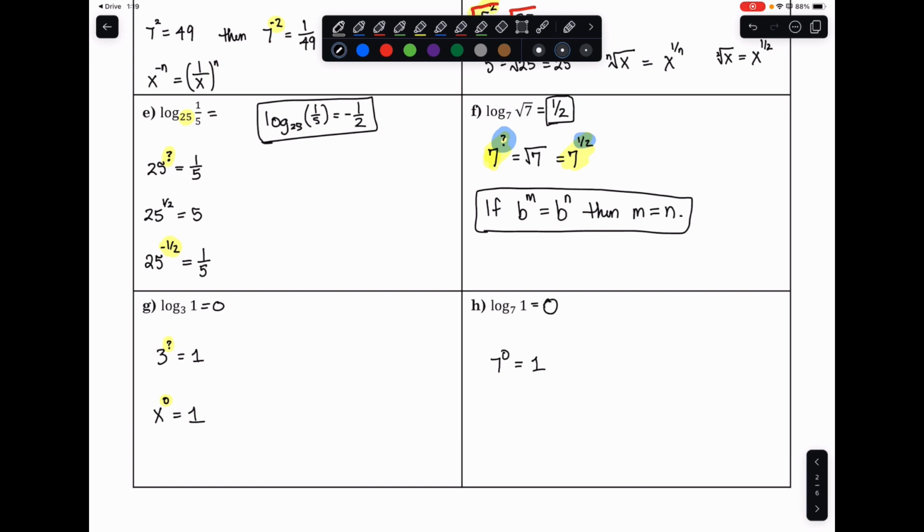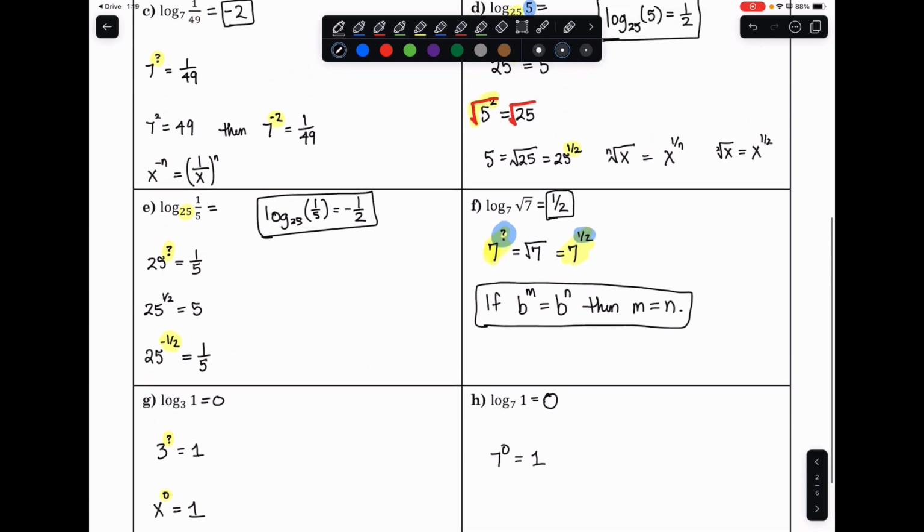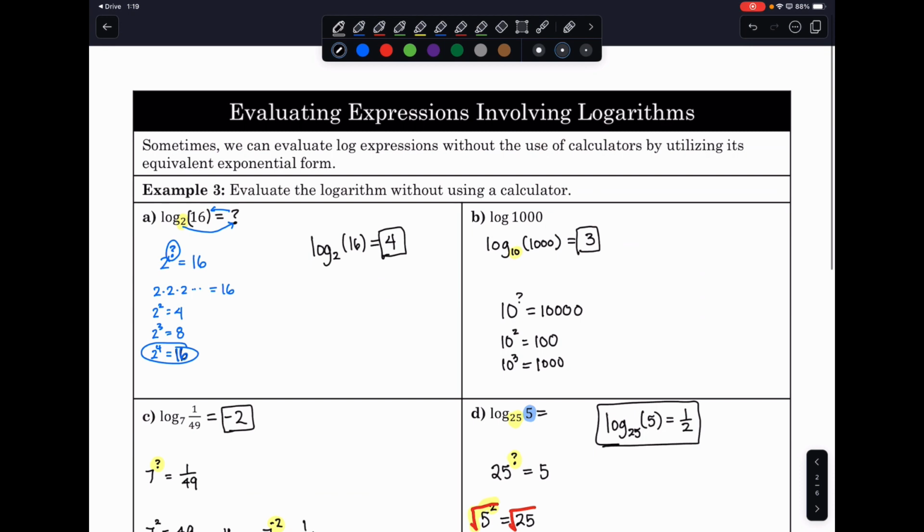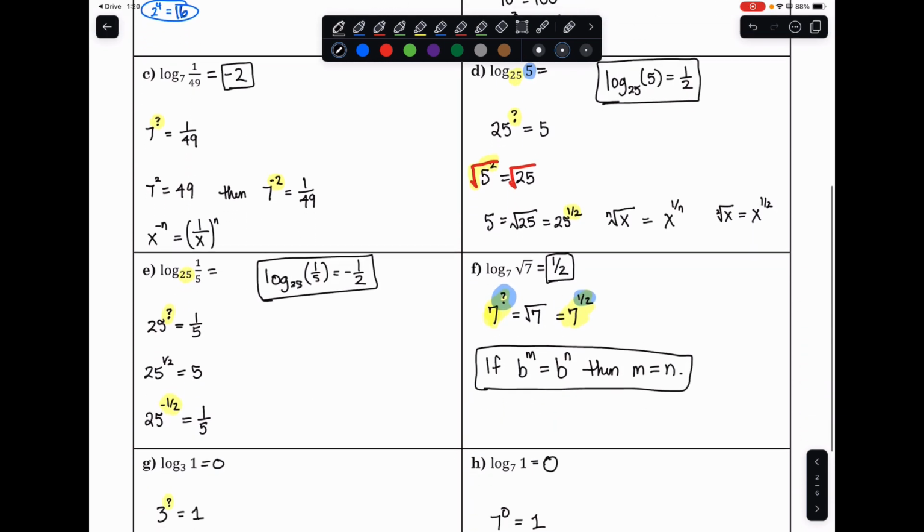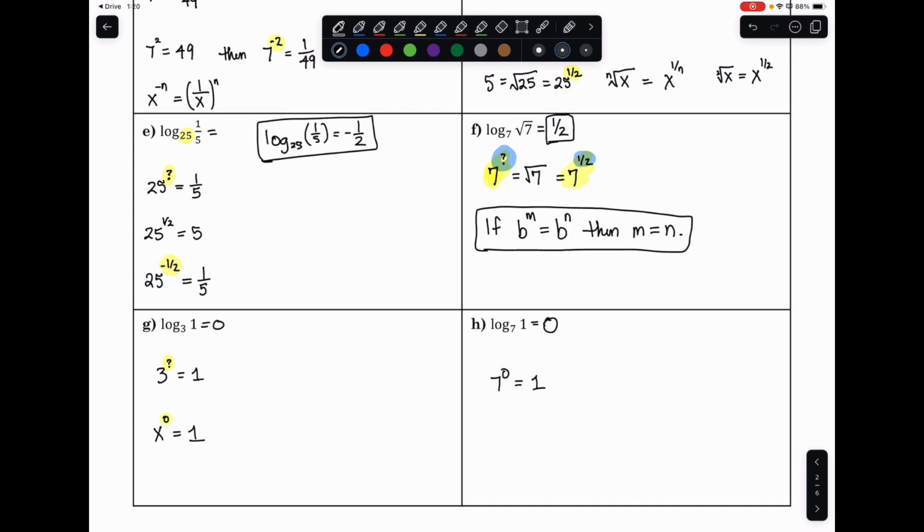So this is also going to be 0. Okay, all right. So this is how we evaluate logs using, again, the idea that we can convert a log into an equivalent exponential form. Now, let's study these last two a little bit closer.